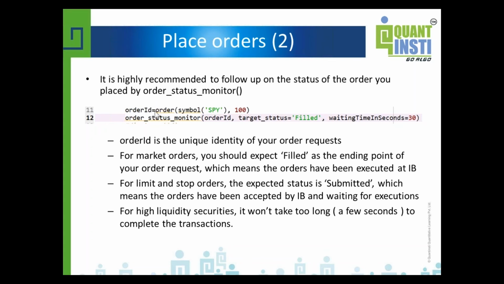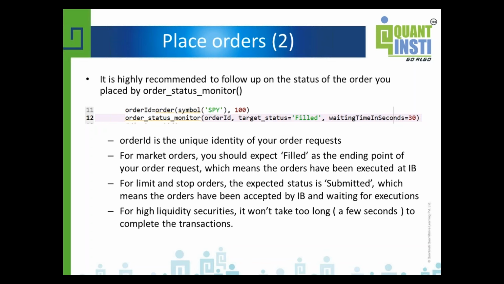If you want to place a limit or stop order, then the expected result status won't be filled. It should be submitted, because the limit or stop orders may not be executed at IB and are waiting for execution, so you should put submitted. The next parameter is waiting time in seconds.